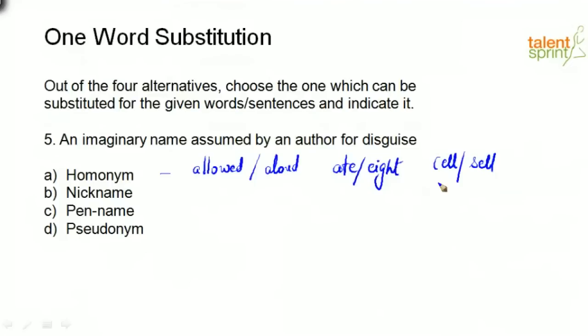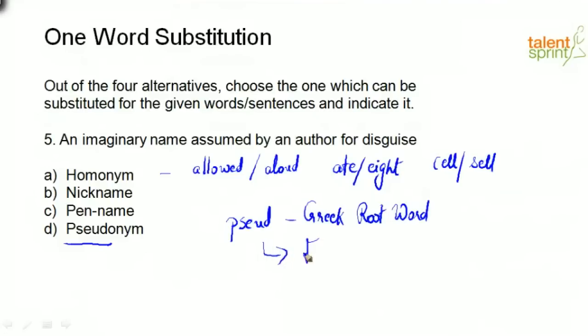So like Vidya rightly pointed out, P-S-E-U-D, the first five letters of this word. It's a Greek root word which means false or untrue. The meaning is false or untrue.